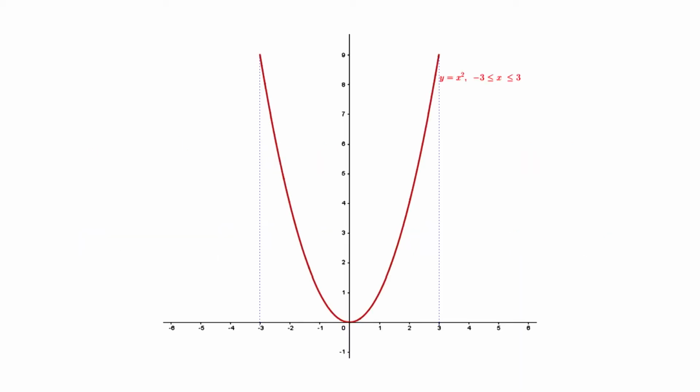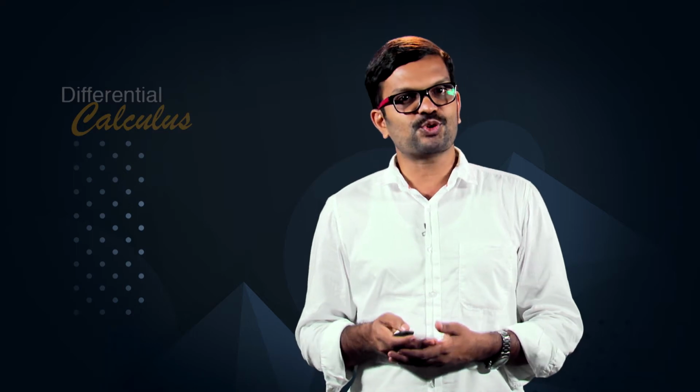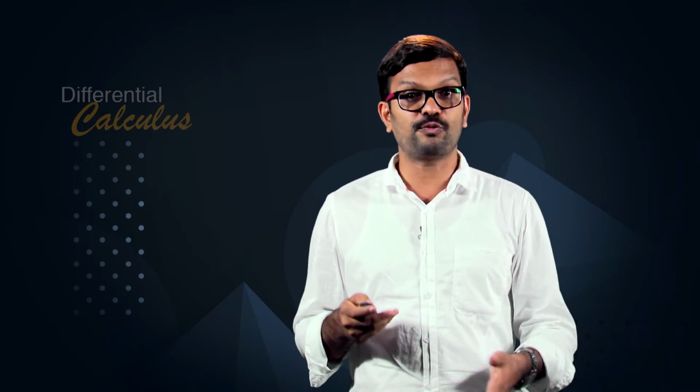Hence, the points of maximum of the function over the closed interval minus 3 to plus 3 are 3 and minus 3. This example shows that a function may have more than one maximum over an interval.